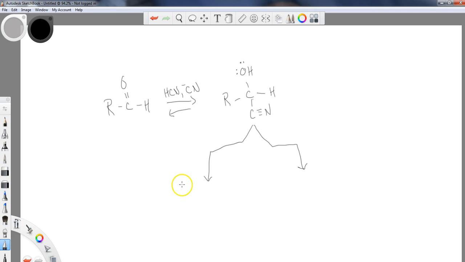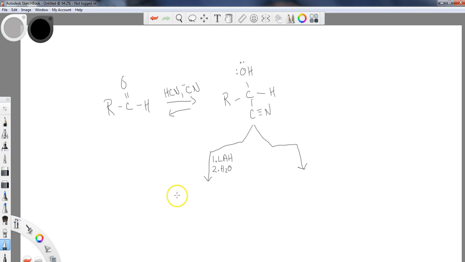So the first thing that I could do is I could reduce the nitrile. And to reduce the nitrile, I'm going to use a strong reagent. So I would use LAH, lithium aluminum hydride. You should be familiar with that from the alcohol chapter. And then I could follow it up with something like H2O.